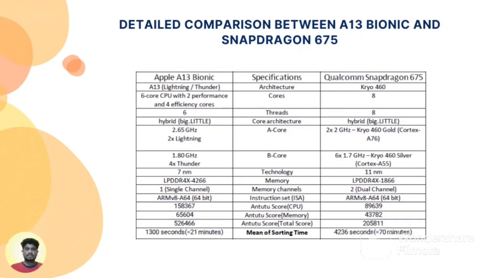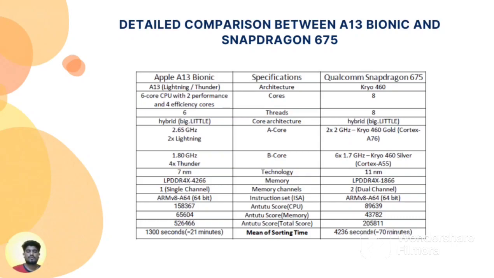Further, there is a detailed comparison between the A13 Bionic chip and Snapdragon 675. The architecture name here is A13, and here the architecture name is Kryo 460. In the A13 Bionic chip we have six cores in total, where two are performance cores and four are efficient cores.